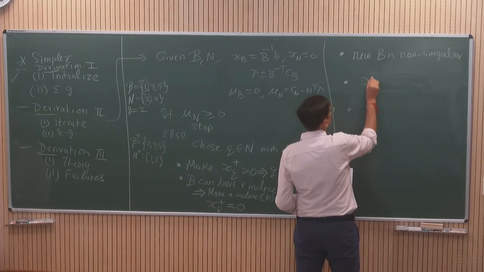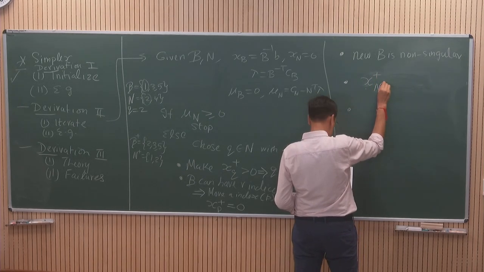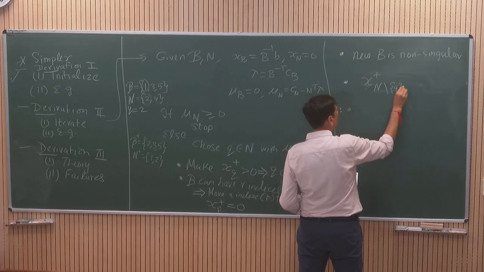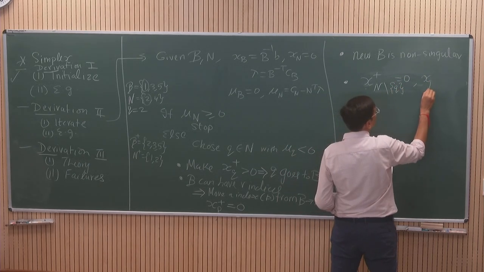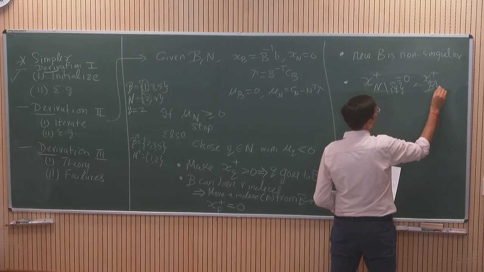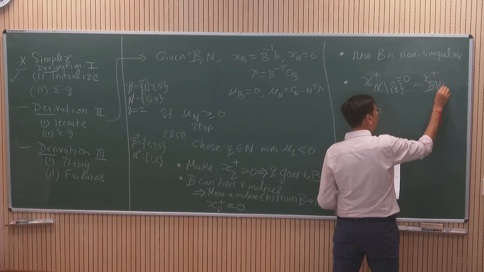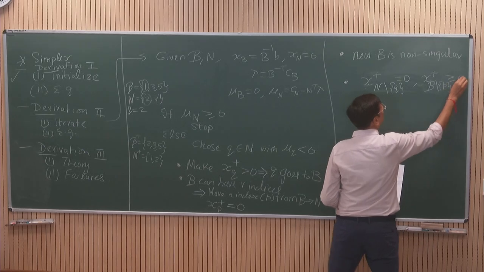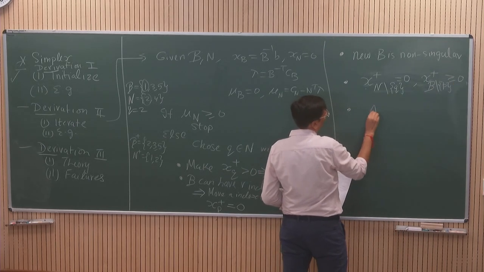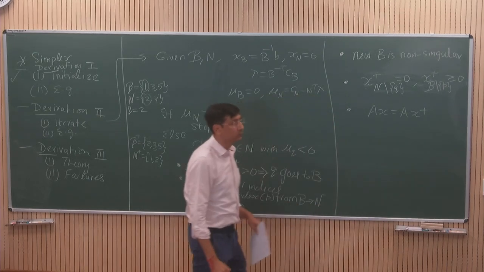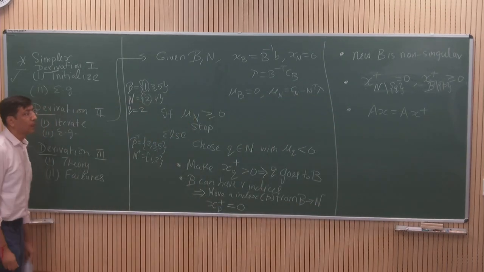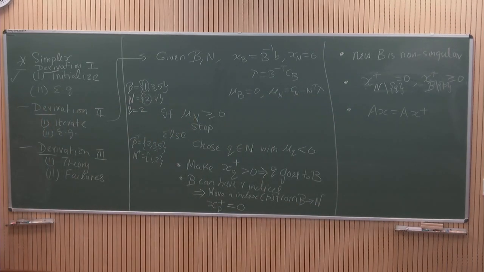Let me write it down: x plus on the n set minus Q should remain 0, and x plus on B complement of P should remain greater than or equal to 0, and A x should remain as A x plus. Those are the 5 things which we have to do. Yes or no? What were the 5 things?